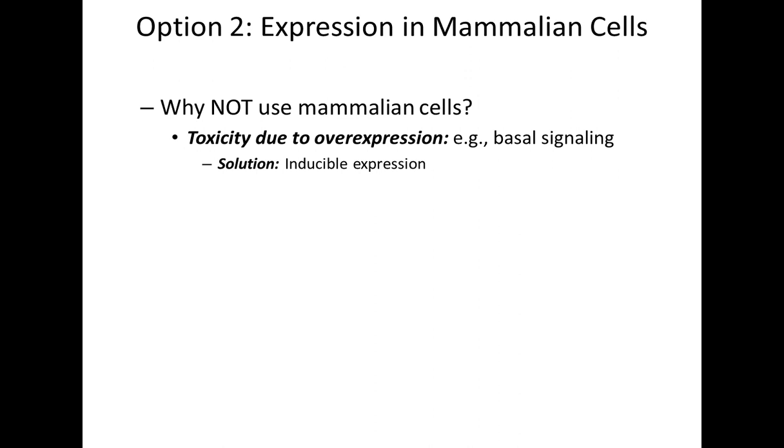And in addition, of course, you can have activities at the level of protein folding and processing. So what's the solution to this? One answer is to use an inducible expression system so that you can turn the expression up to high levels for a relatively short time, immediately before the cell harvest.